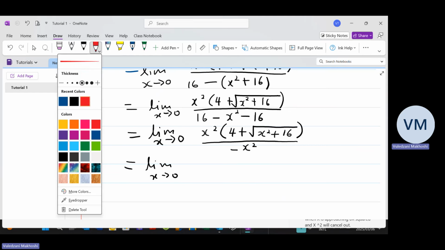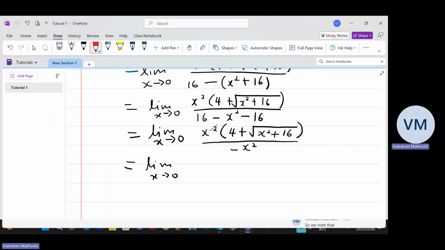So x squared and x squared gone, such that we end up with minus 4 plus the square root of x squared plus 16.